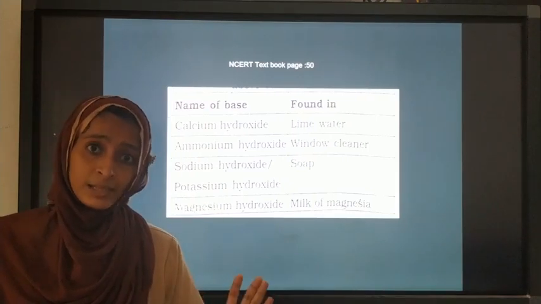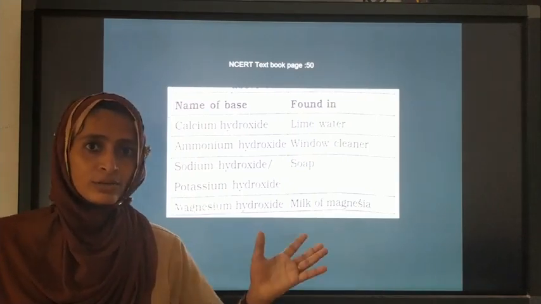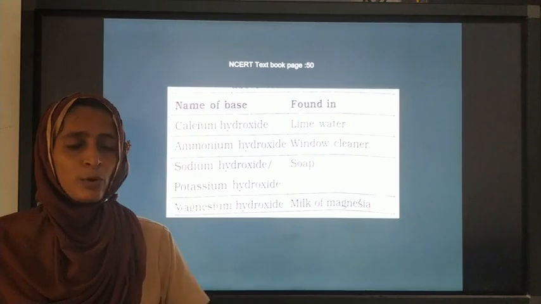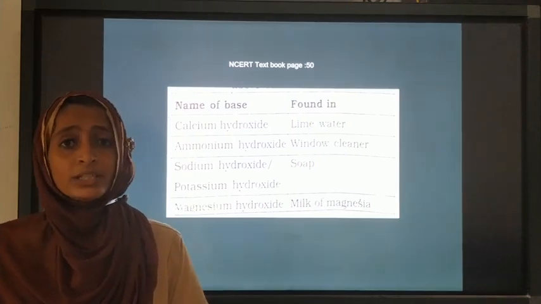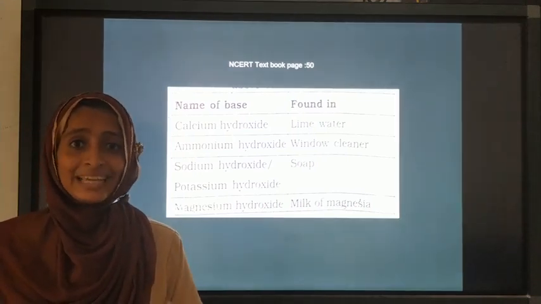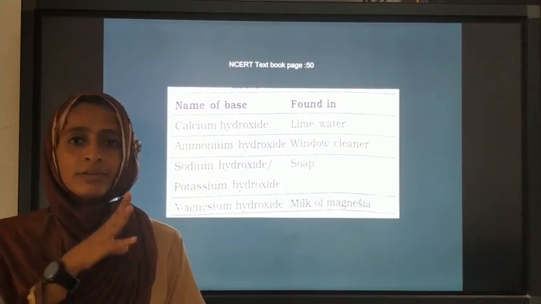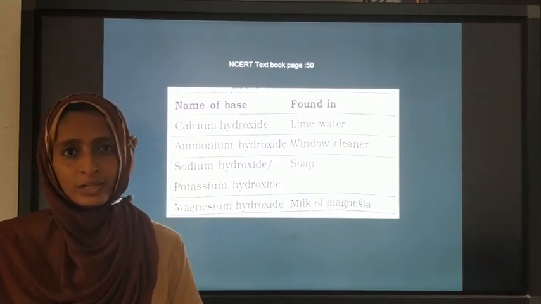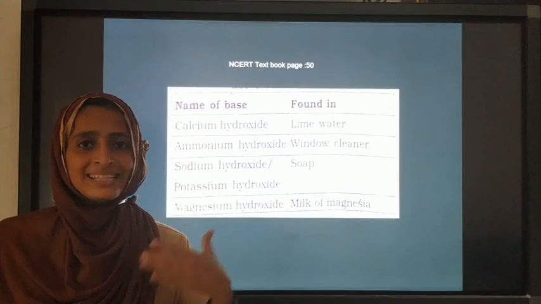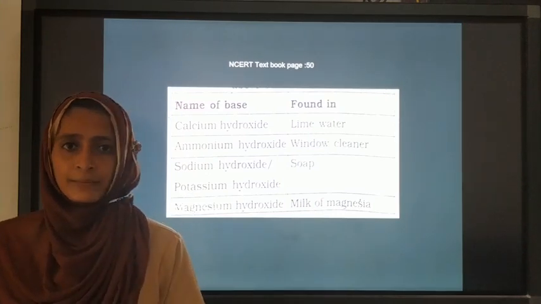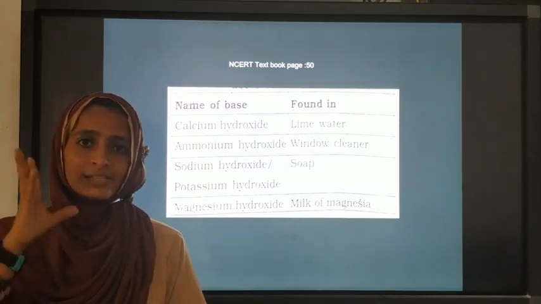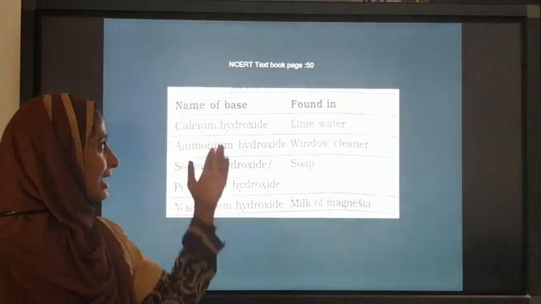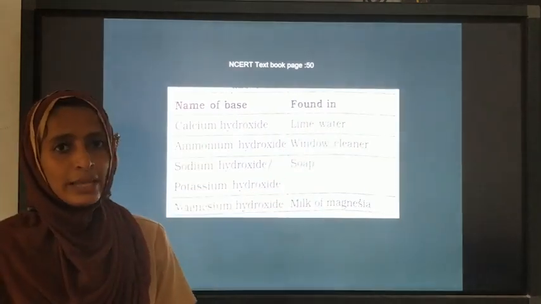Lemon is another substance, and lime also. Lime water is made by taking quicklime and dissolving it in water. Quicklime is chemically calcium oxide. When calcium oxide is dissolved in water, we get calcium hydroxide, which is called lime water.